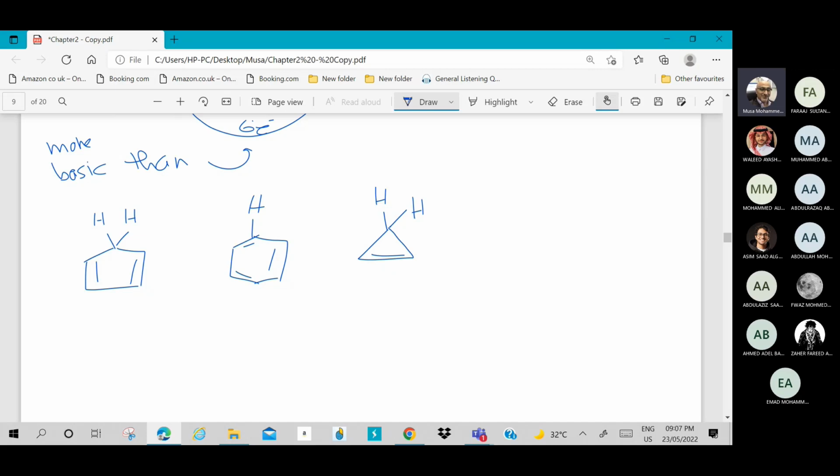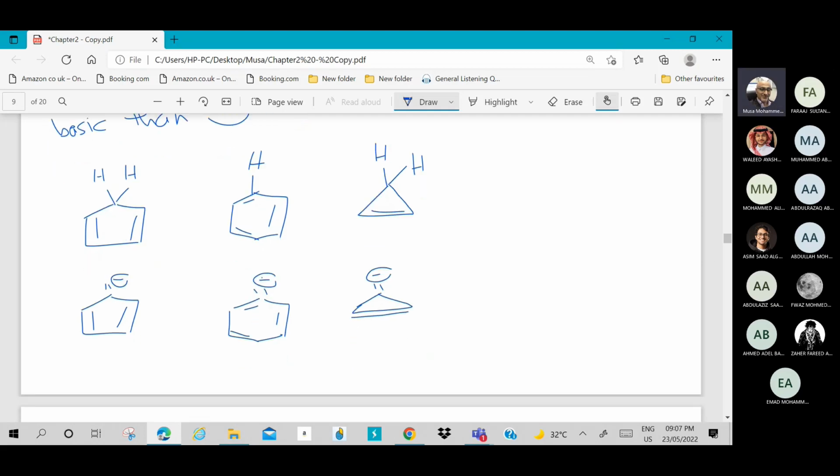Now if we compare these three together, I have to look at the conjugate base: here I will form negative charge, and here I will form benzene ring with negative charge. Now which one is the most stable carbanion from the three that I just drew? You have to immediately look at them, classify them. Which one is an aromatic system, especially when you compare this and this. The one here is aromatic.